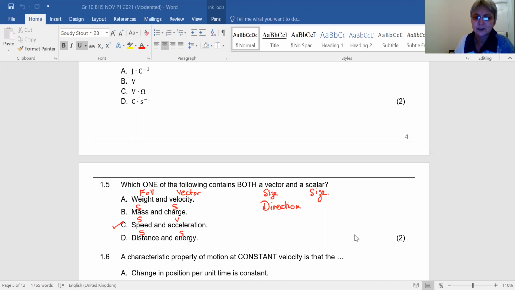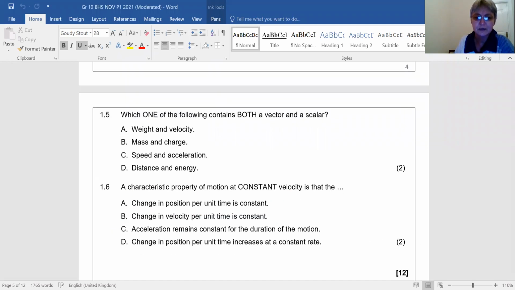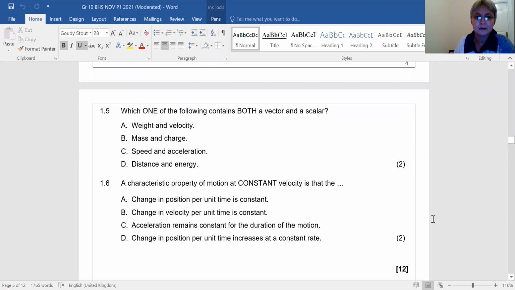Right, the last question is question 1.6. And we have here the characteristic property of motion at constant velocity. If it's constant velocity, its displacement per second is the same.